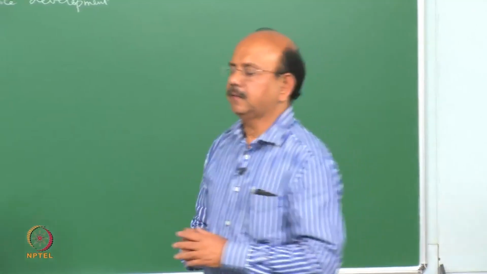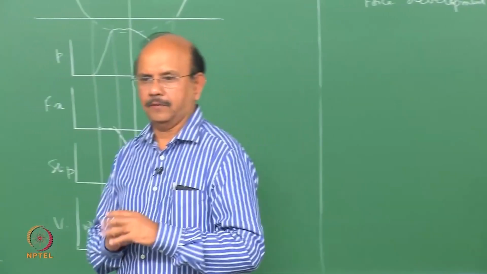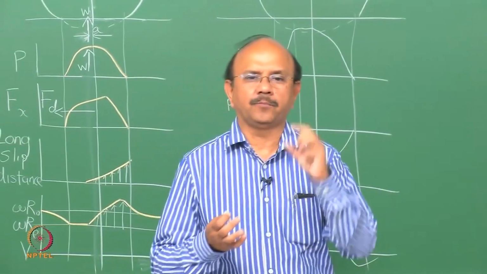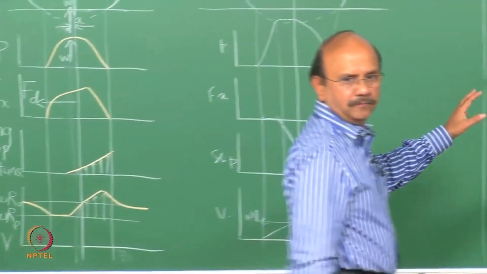When we say tread, it includes the belt. It's a very loose term that we are using. In other words, all that stiffness in the longitudinal direction put together, we call that a tread or a tread block here.